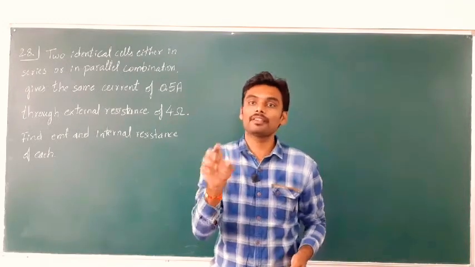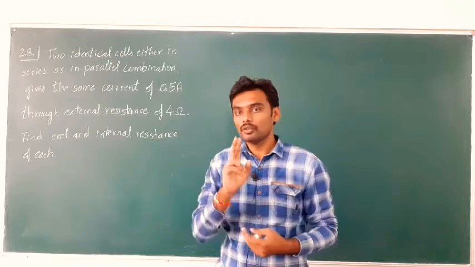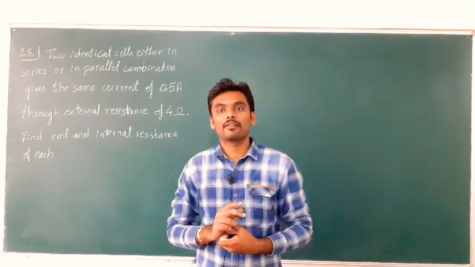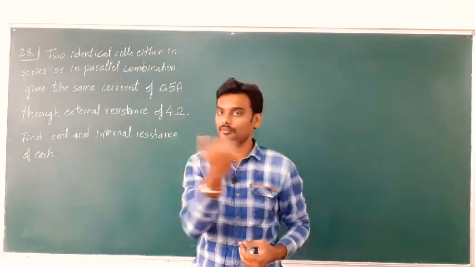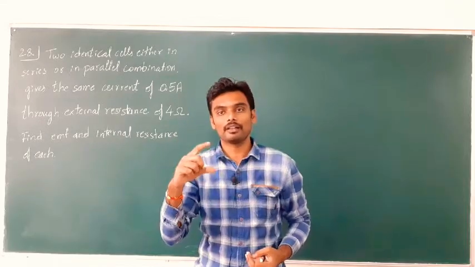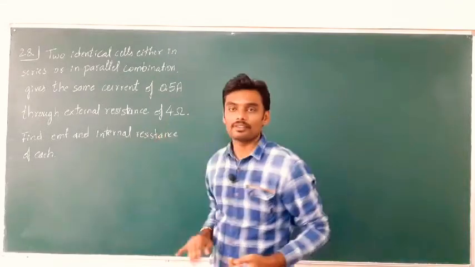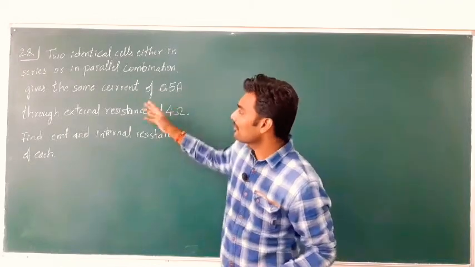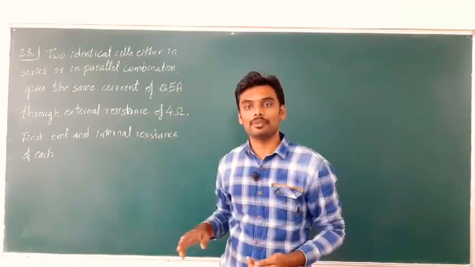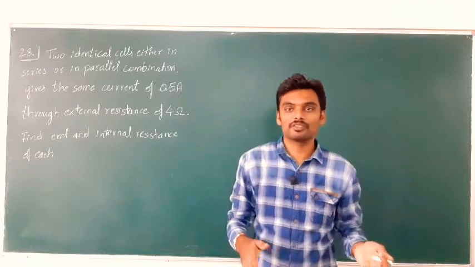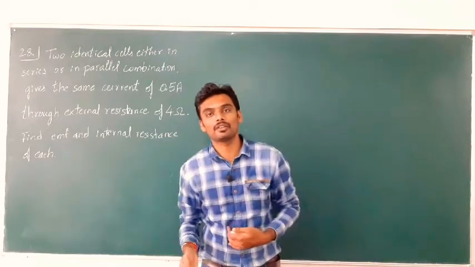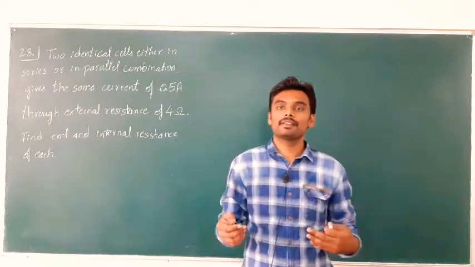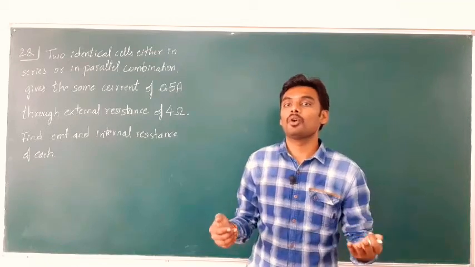Then we call them identical cells. Two identical cells, first connected in series, then connected in parallel across this resistor, are giving us the same current of 0.5 ampere. So in both situations of series combination and parallel combination, the cells give us 0.5 ampere of current.